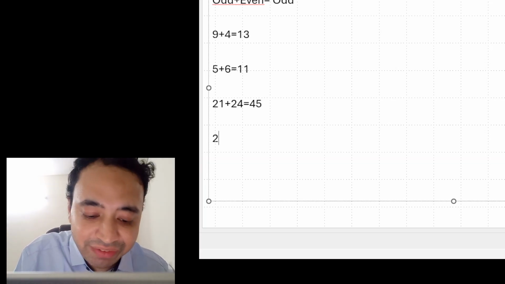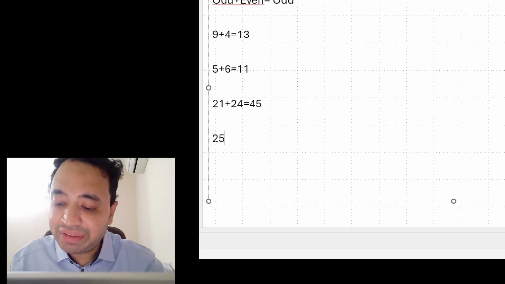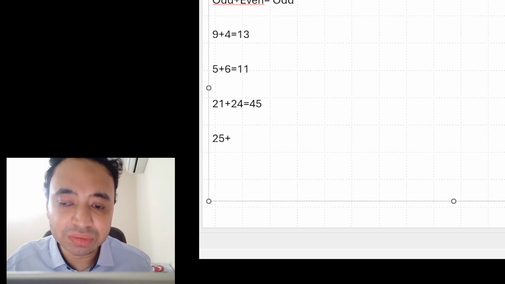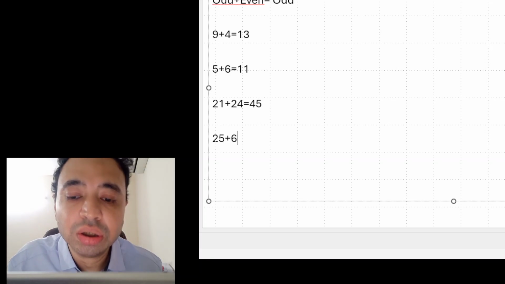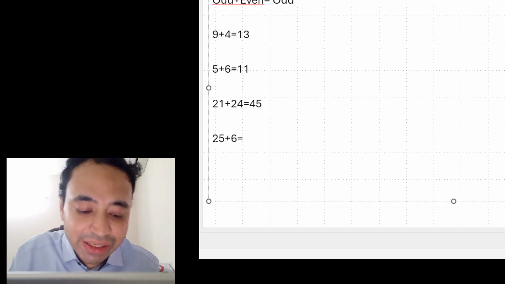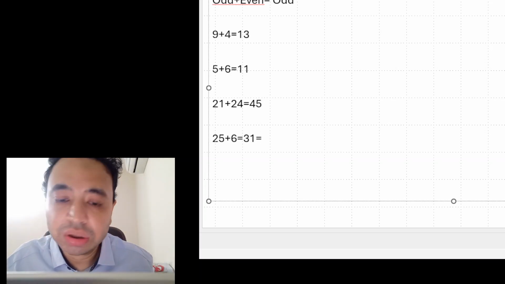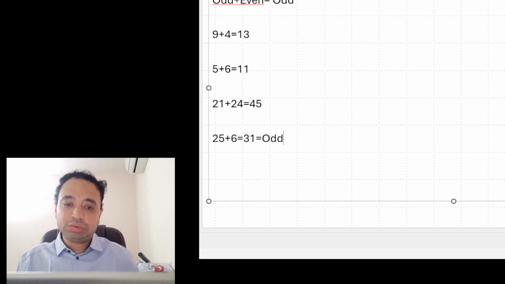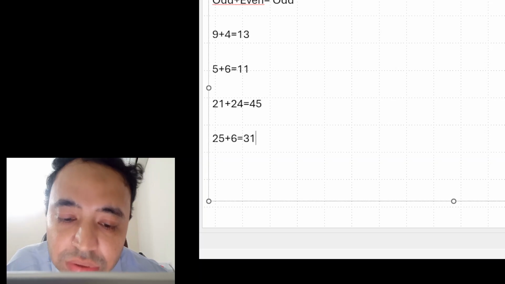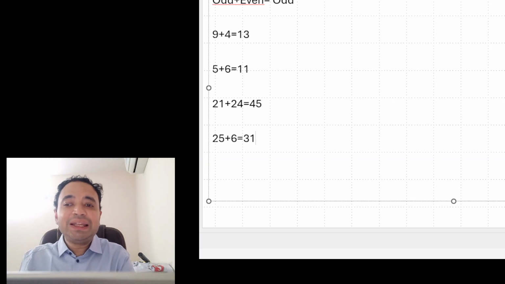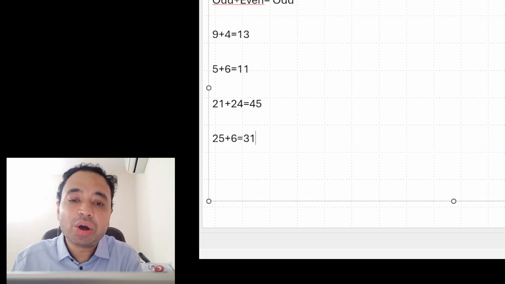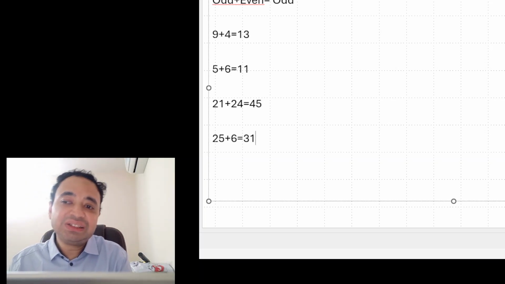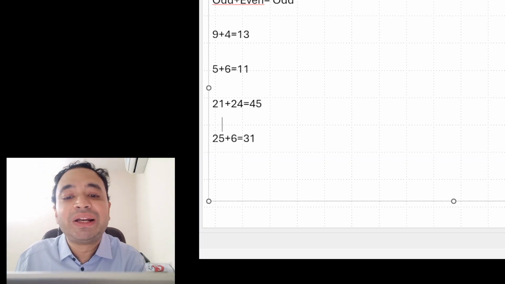Odd number being 25, then we will be adding an even number, 6, which will be 31, equal to an odd number. So technically, if I have to add odd plus even, I will be getting an odd number as the result.